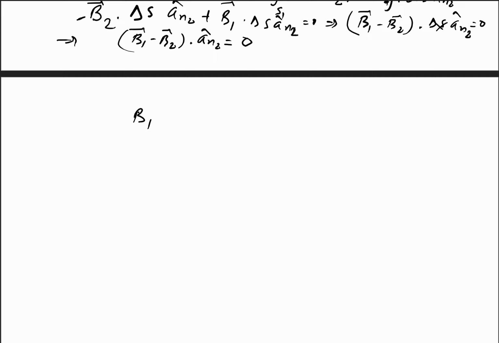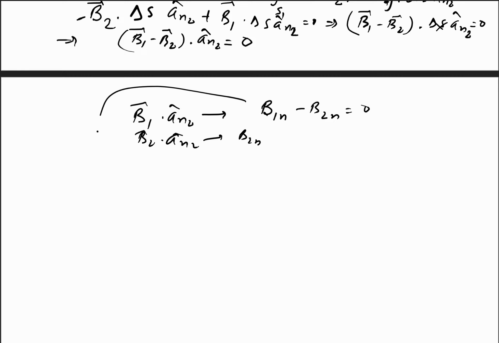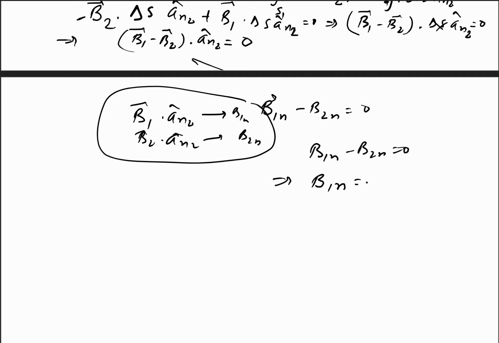Since B1 dot an2 is going to give us the normal component of the field, B1n minus B2n is equal to 0. B2 dot an2 is also going to give us B2n. So I have put these two in this equation and I have got B1n minus B2n is equal to 0, which implies that the normal component of the magnetic field is equal in both of the media.